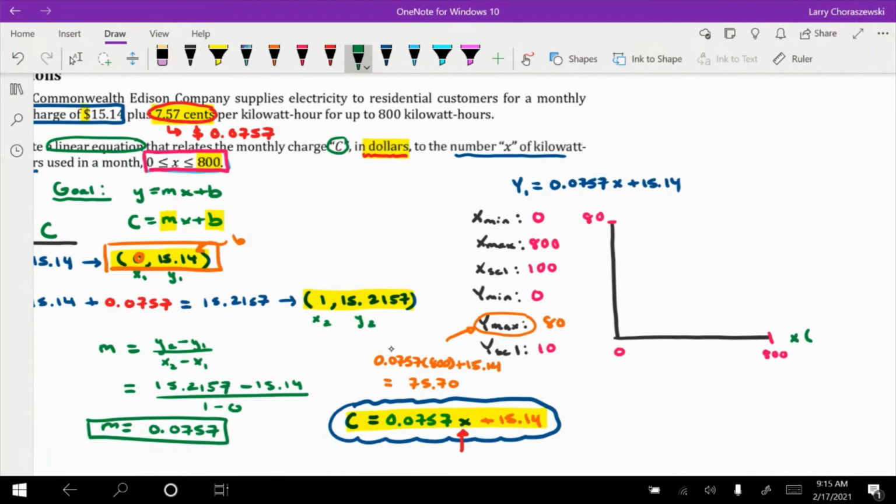And kilowatt hour notation, if you don't want to write out the entire thing, is lowercase k, capital W, and then lowercase h. And that stands for kilowatt hours. Okay, so these are different electricity amounts going along the x-axis. The y-axis is going to get replaced or renamed as a c-axis, since the y values represent the different costs, and I'll indicate just that.